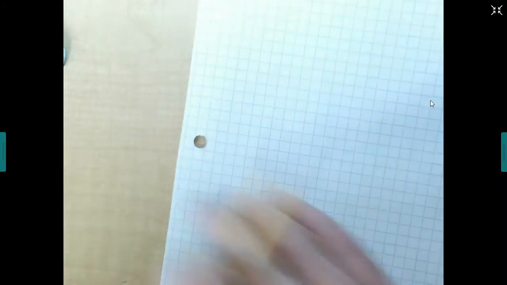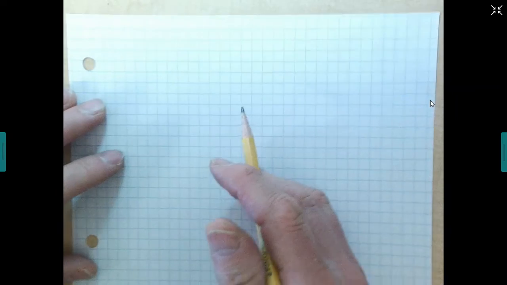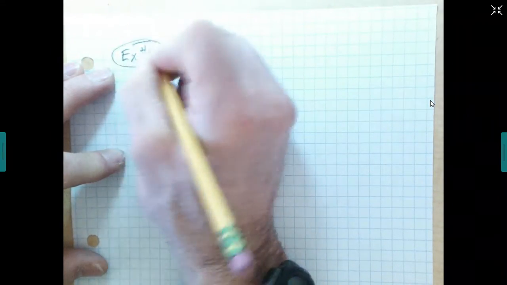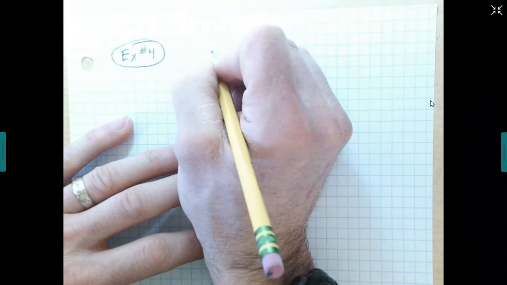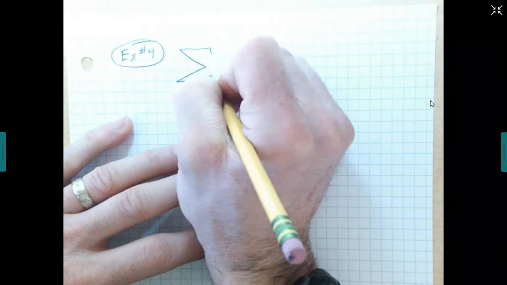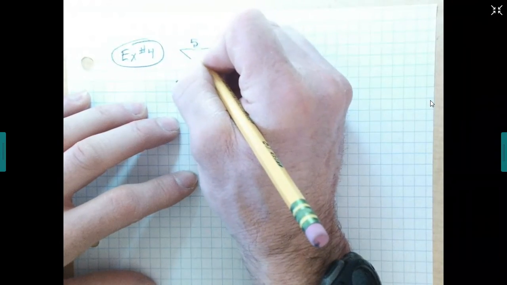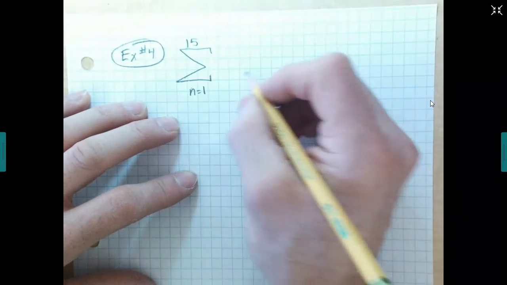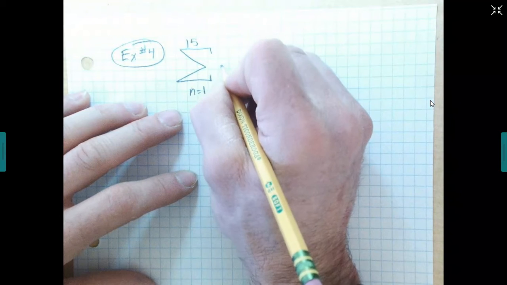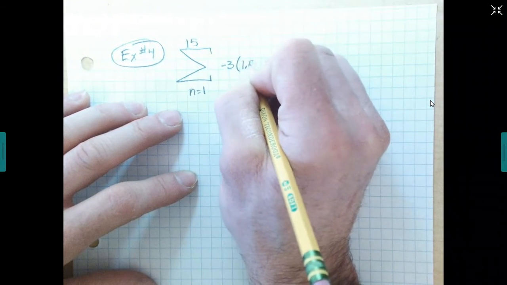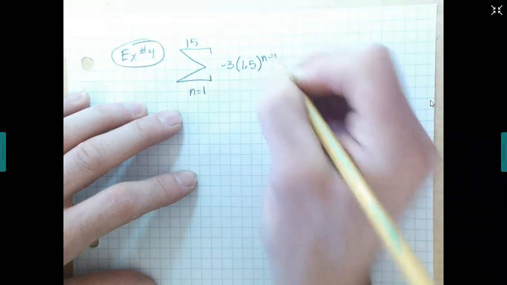Example number 4. We'll find our series. So, example number 4, remember the sum. We're going to find the first 15 terms if our formula for a geometric sequence is negative 3 times 1.5 to the n minus 1.